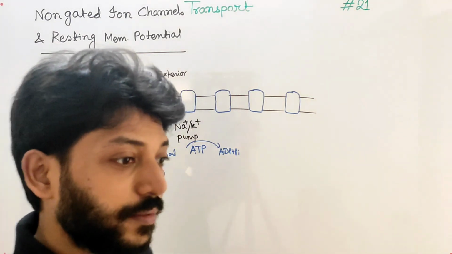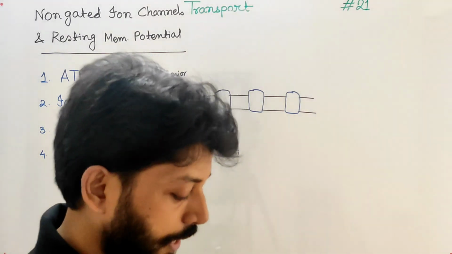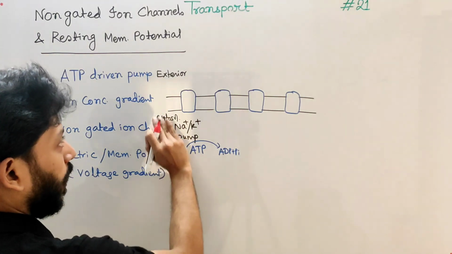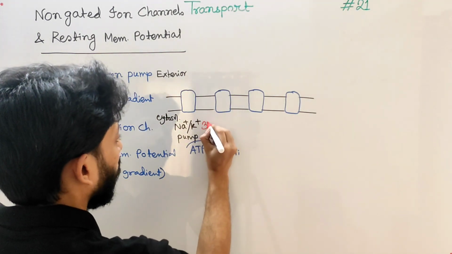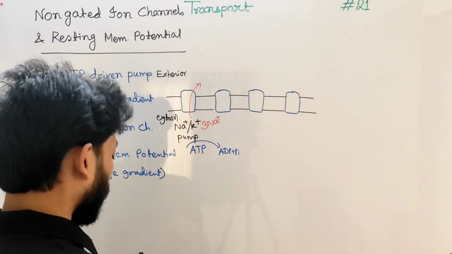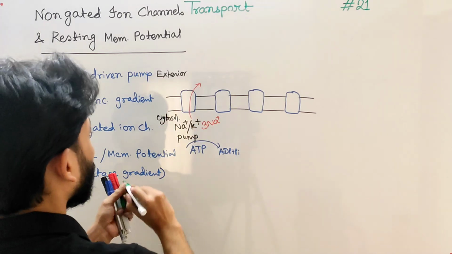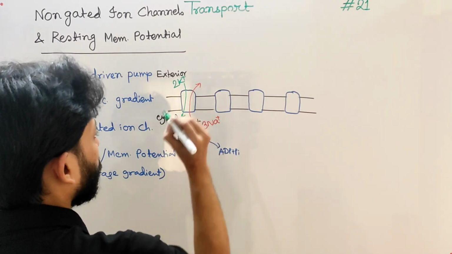So it requires hydrolysis of ATP to get energy, and it actually exports, suppose this is the cytosol and this is the exterior of the cell, 3 sodium ions out of the cell, and it imports 2 potassium ions inside. Okay.